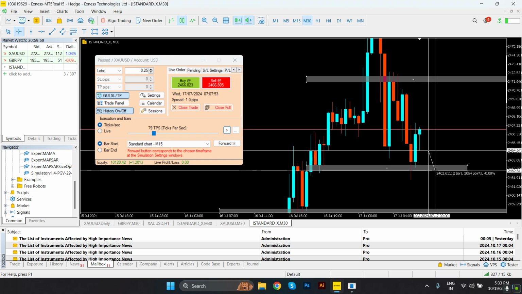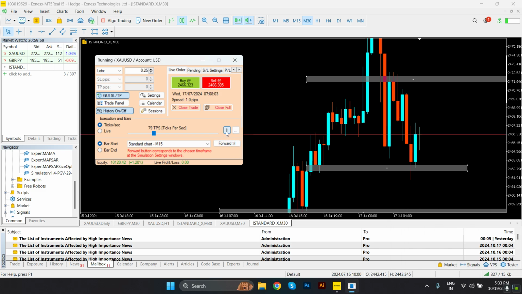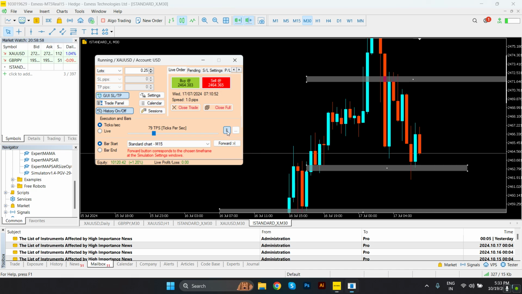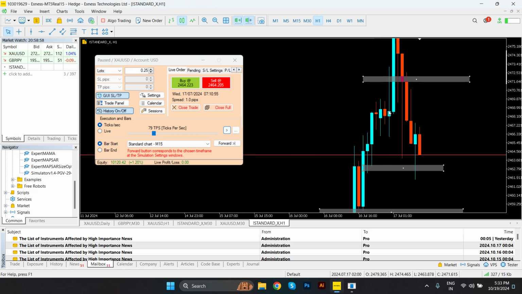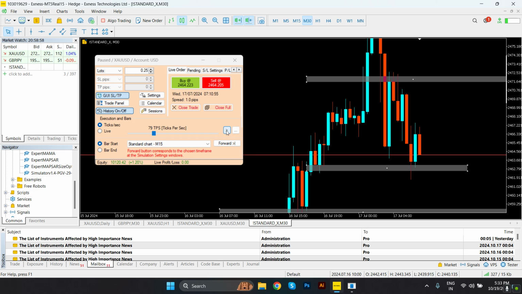Maybe here I could have entered a 20 pip sell, but just wait. Yeah, maybe further down. Come down more so that I can have a 12, 15 pip sell. Yeah, over here. I think we can add a buy here.